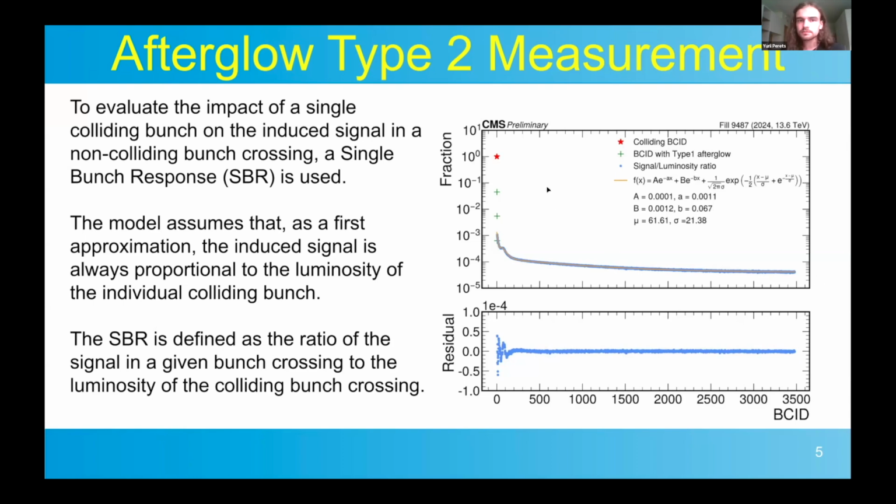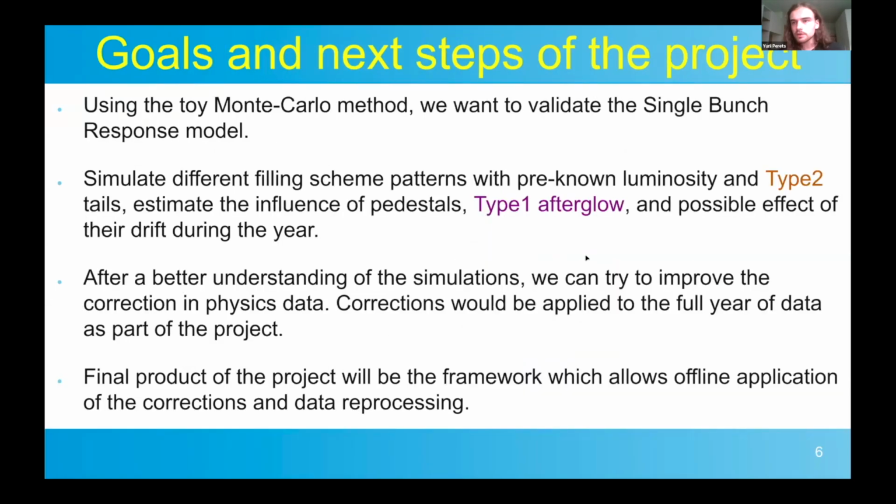Okay, and this single bunch response is very important because we even have runs in the experiment with a low number of bunches, so you can better estimate this error, this bias. So what will we do in our project? We are using the toy Monte Carlo method.